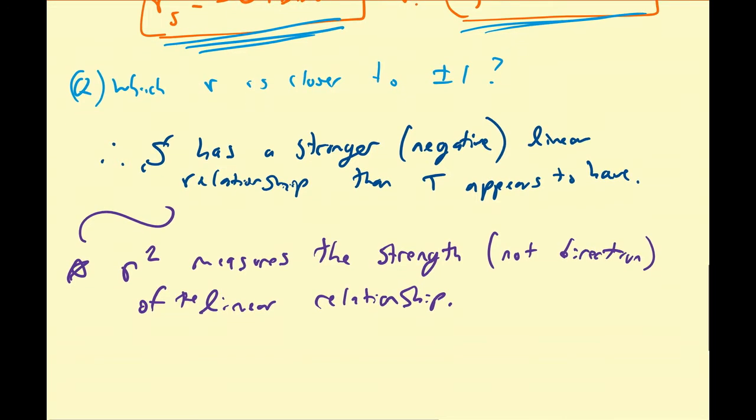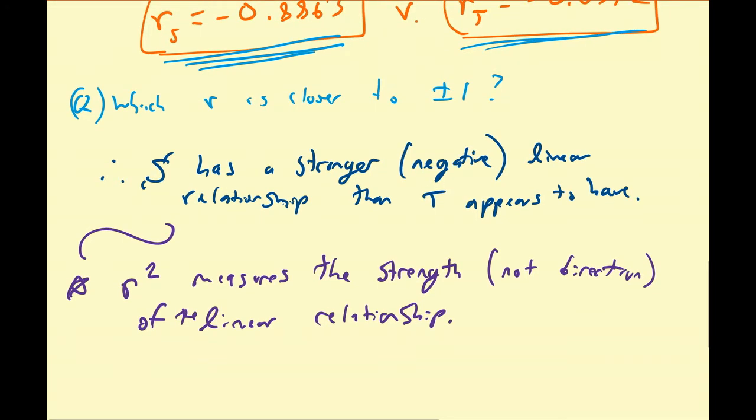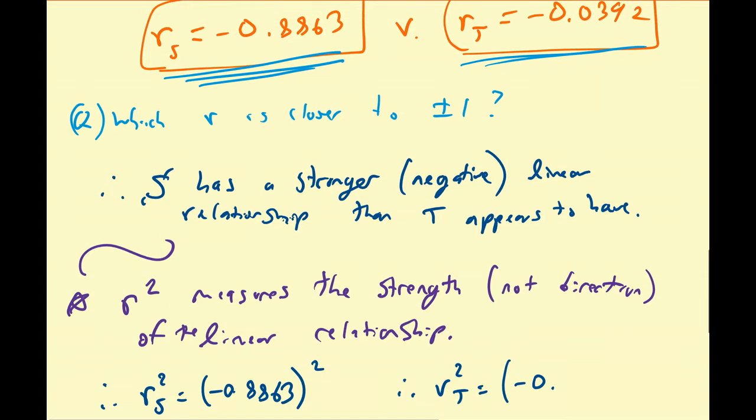So all we're going to do is square these R values that we have. So R squared of S is going to be equal to negative 0.8863, the quantity squared, and R squared of T is going to be equal to negative 0.0392, the quantity squared.